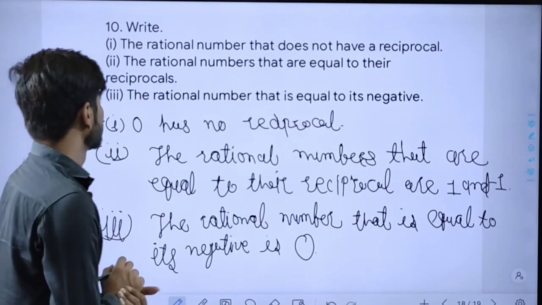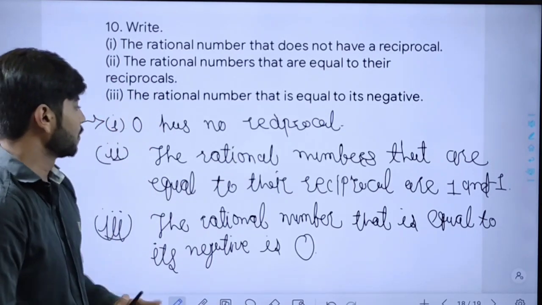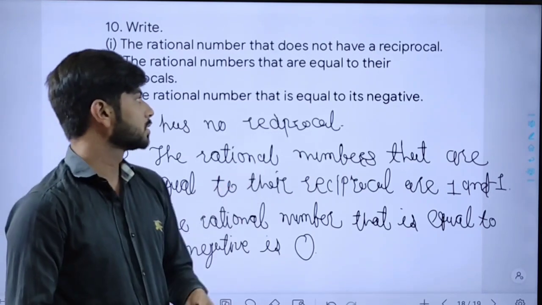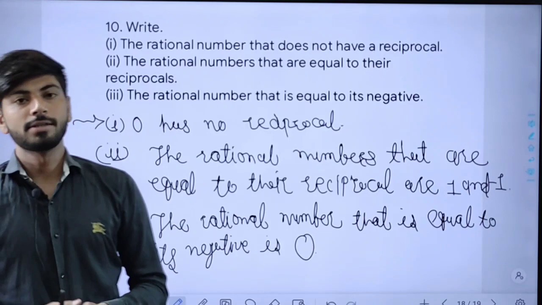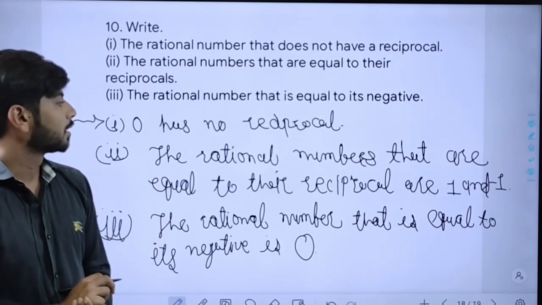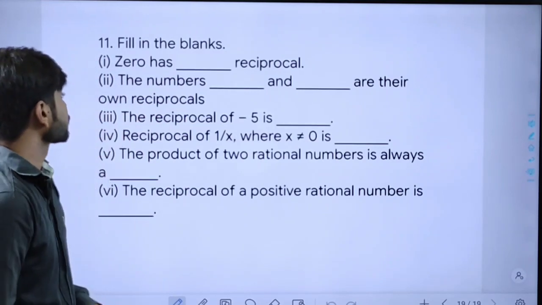Okay, so this is the 10th question. We have to find the different numbers as asked in the question. Now, the last question, the 11th question.